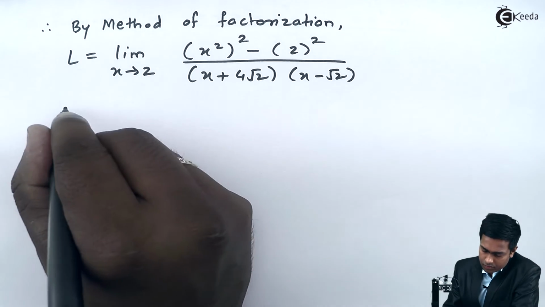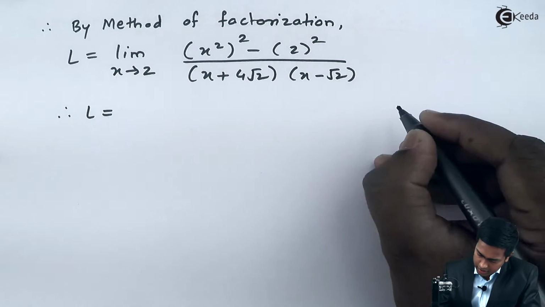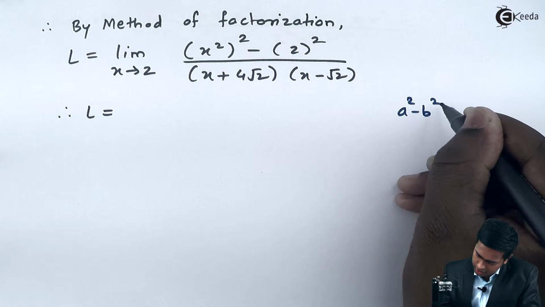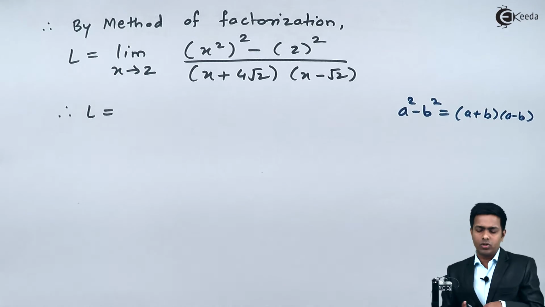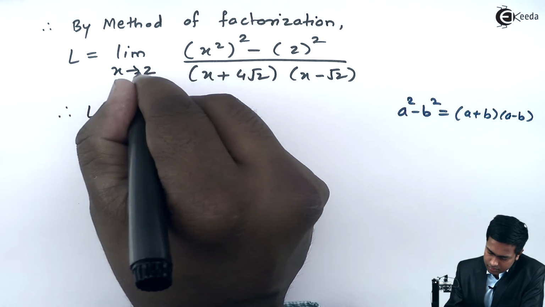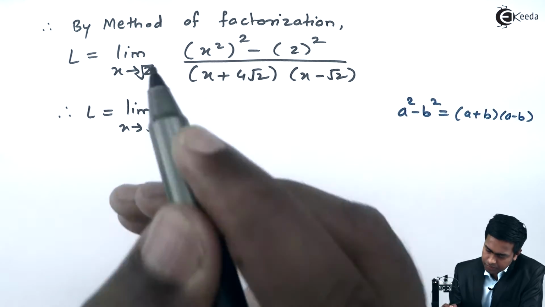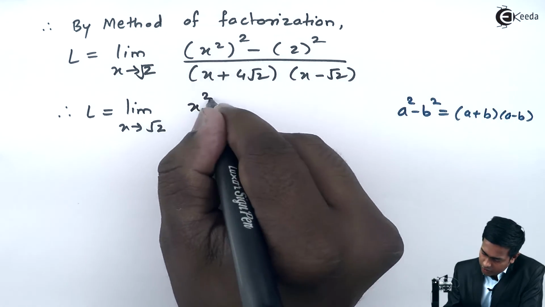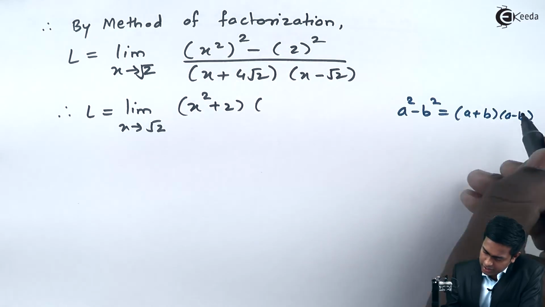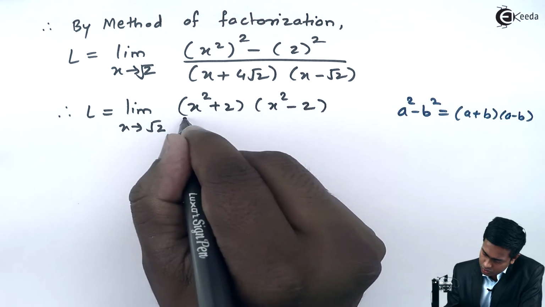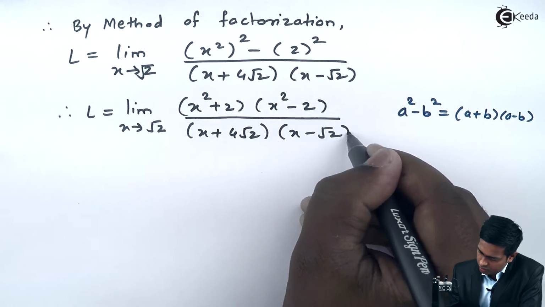Now in the numerator we can apply one formula, and that formula is a square minus b square, which is nothing but a plus b into a minus b. So by using this formula we will get limit x tends to root 2 of (x square plus 2) and (x square minus 2) upon (x plus 4 root 2) and (x minus root 2).